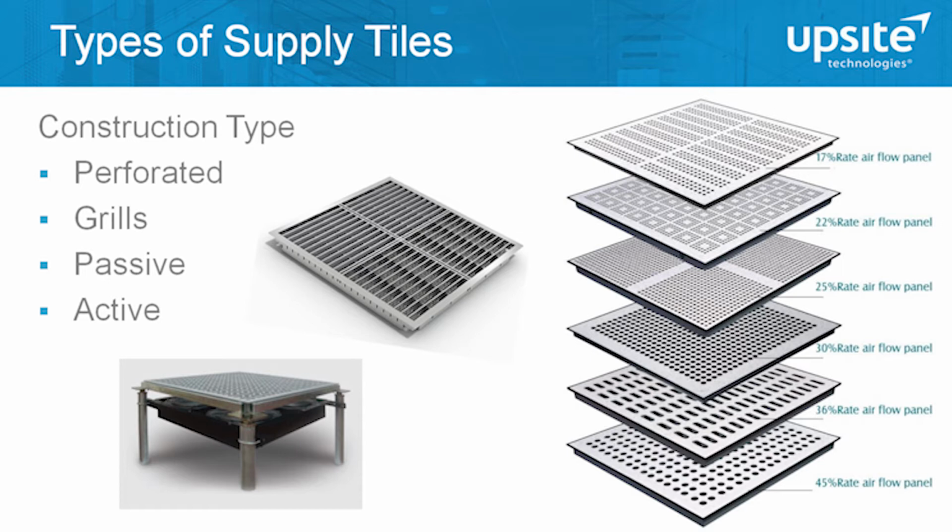In the center is a highly open grill. These grills can have open areas of 60 to 70%, sometimes higher as well. And then of course an active tile is one that has fans associated with it that is pushing the air through the tile, pulling the air out of the raised floor, pushing it up above the floor.